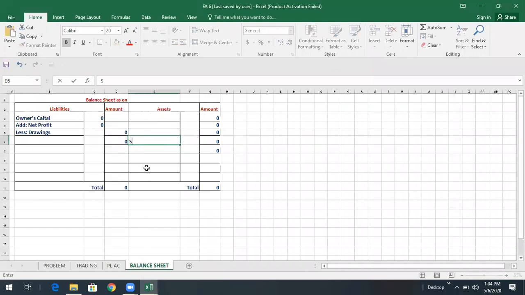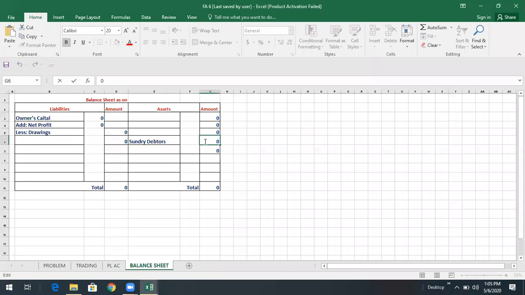So I'm entering here sundry debtors, balance sheet asset side.